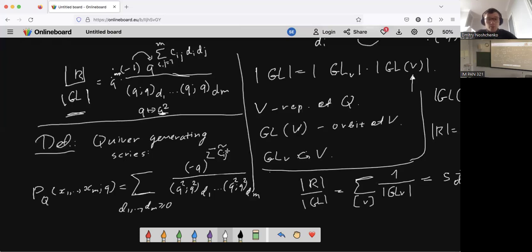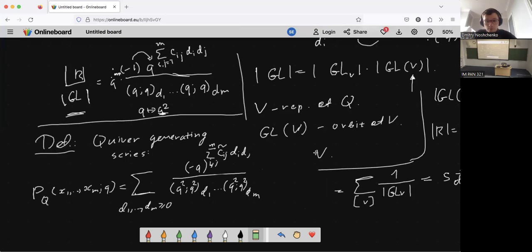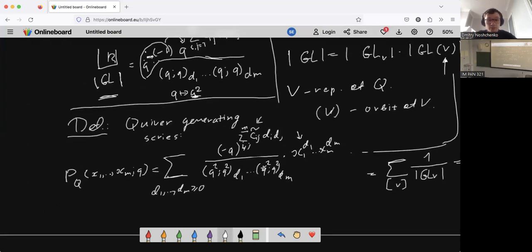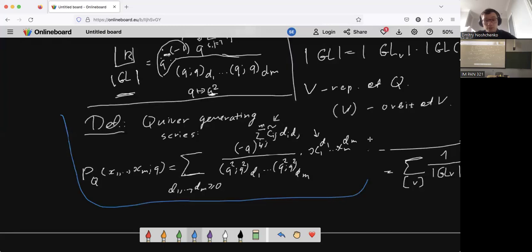And we did something else: since we slightly transposed the matrix, let me just put here c_ij tilde, d_i d_j. And all this is multiplied by generating parameters x_1 to the power d_1 up to x_n to the power d_n. And all the chunk that has appeared from denominators, some part we put inside c_ij and some part we absorb into the x's. And this is the final object, basically our main definition, that we want to study. So we want to study this generating series.